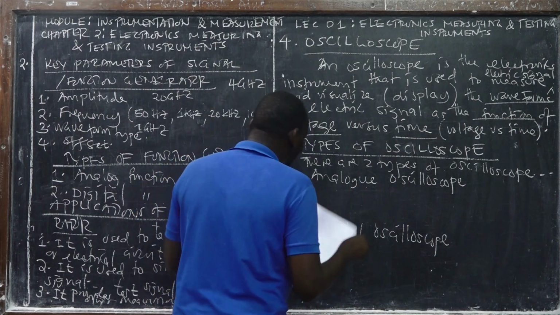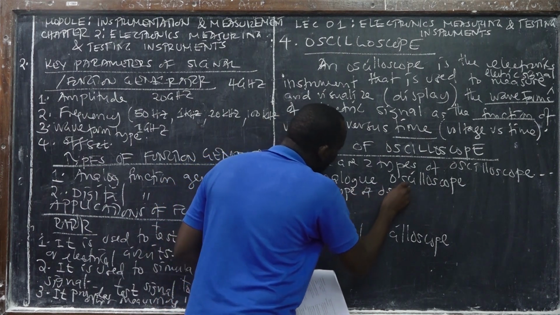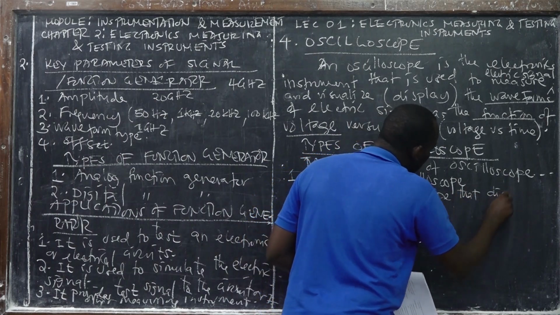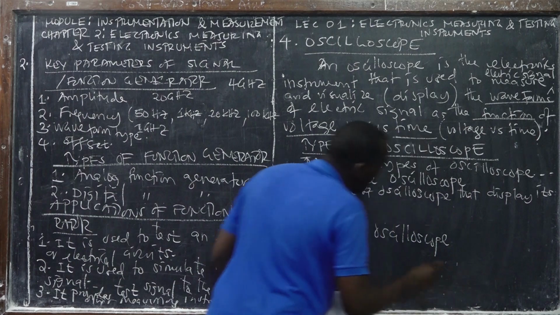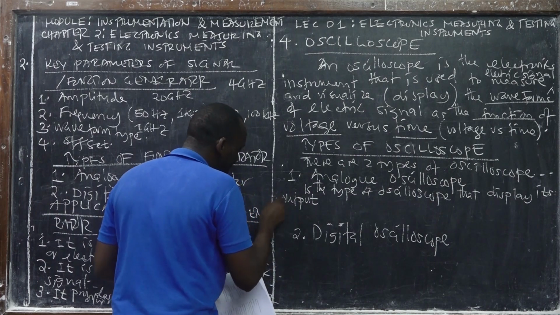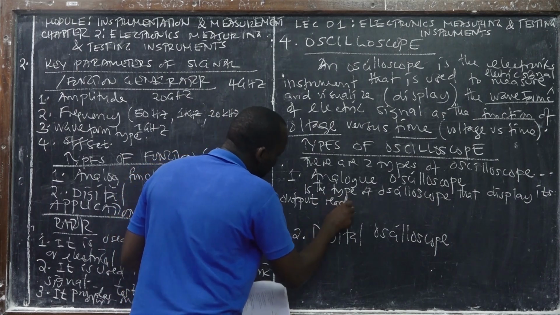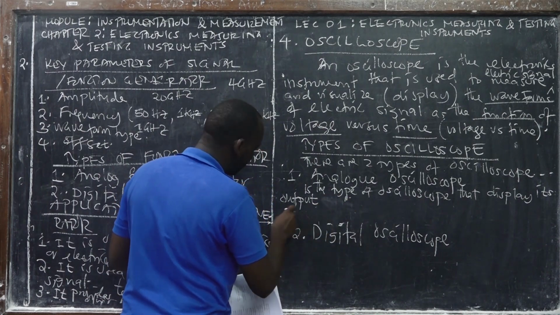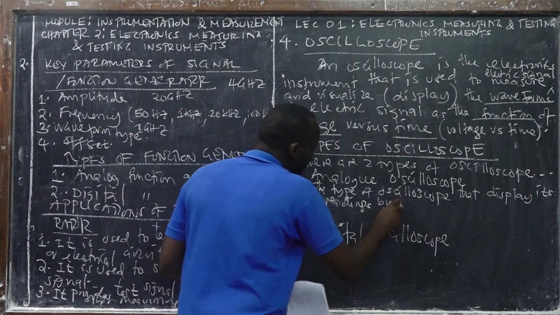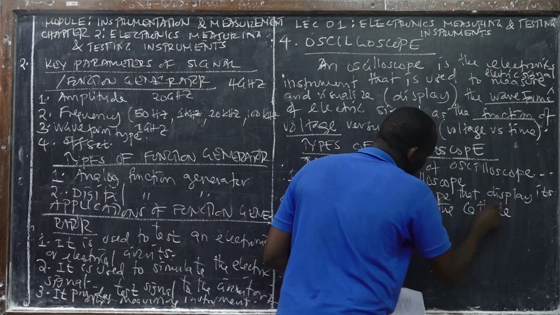So we say that the analog oscilloscope is the type of oscilloscope that displays output readings or measured output readings by using the cathode ray tube.